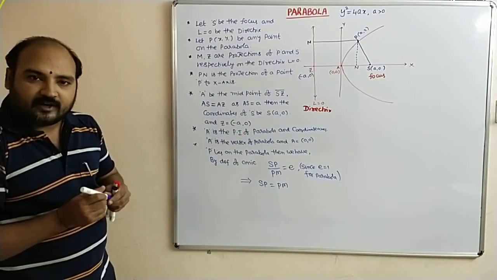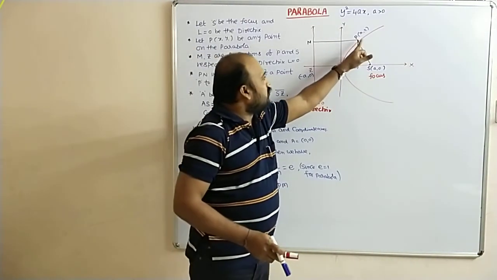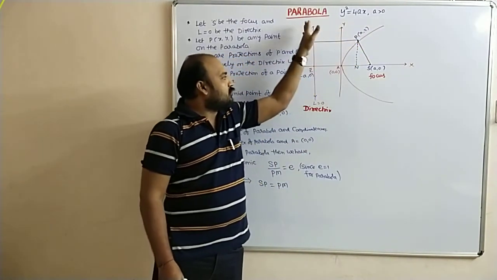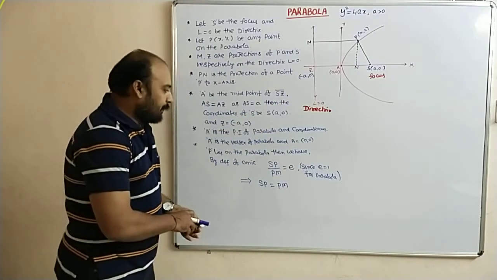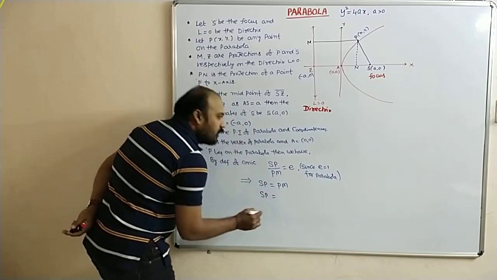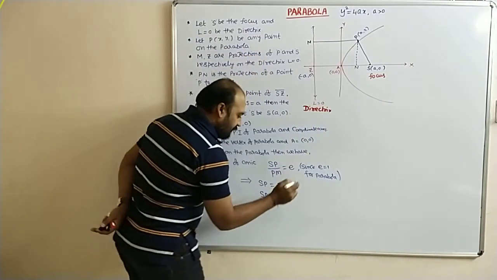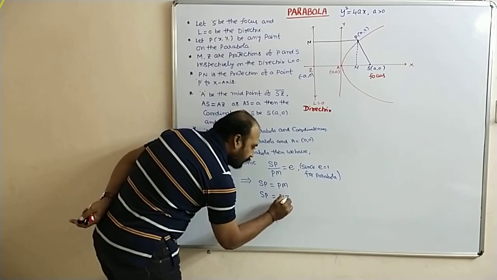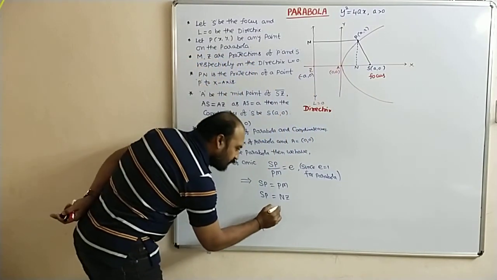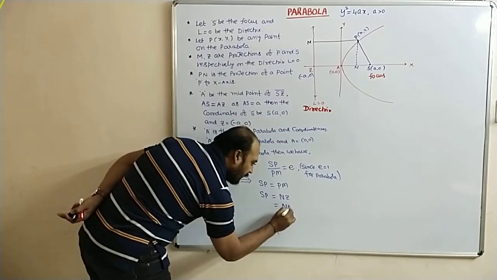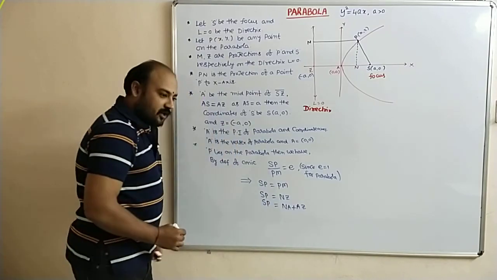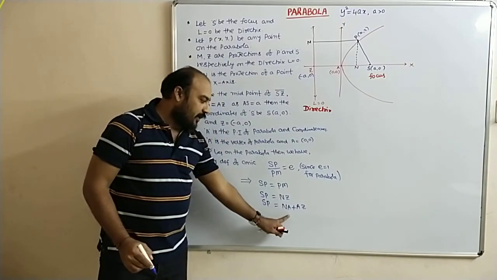If we observe the figure, SP equal to PM, where PM is the perpendicular distance from point P to the directrix, and from the figure, PM equal to NZ. NZ can be written as NA plus AZ. This is the only tricky step, so observe carefully. SP equal to NA plus AZ.